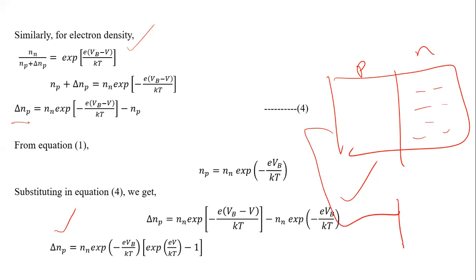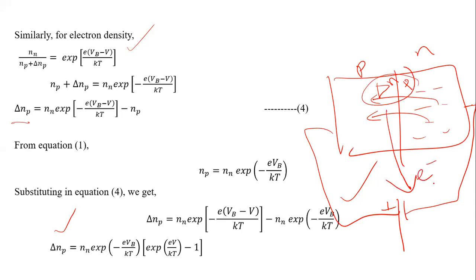Once you connect the battery like this under forward biasing, some of these electrons will move towards the p side. Those electrons transferred across the p-n junction are del Np, which contributes to what is called electron current. This amount of charge transferred across the p-n junction contributes to the electron current.